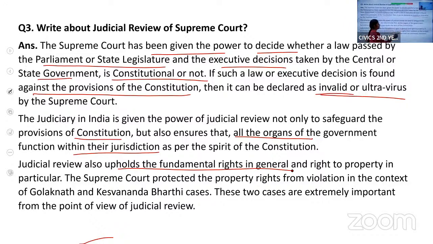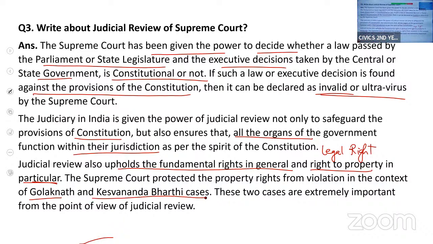But when you talk about right to property, it is a legal right. So judicial review will uphold this right to property in particular. Here we have two cases. The court has given a judgment in two cases, that is the Golaknath and Keshavanand Bharti cases.